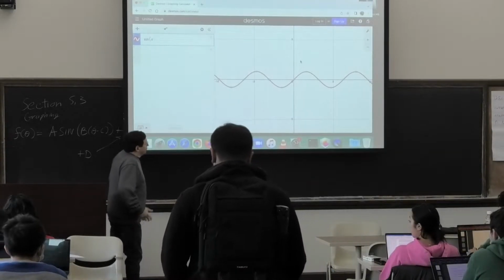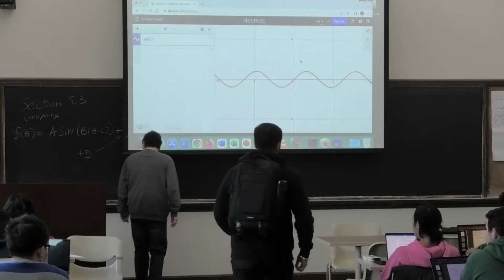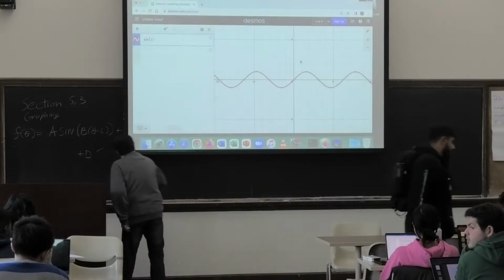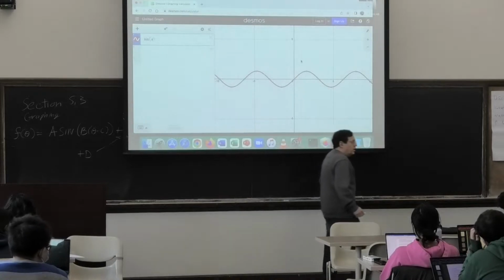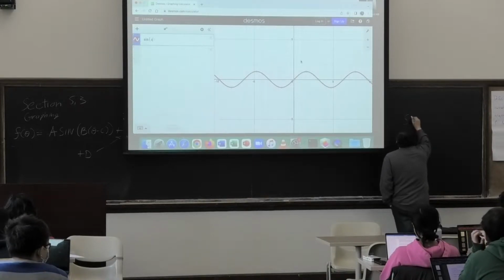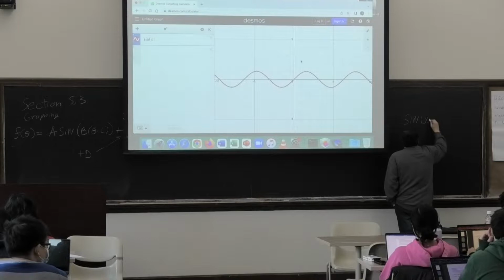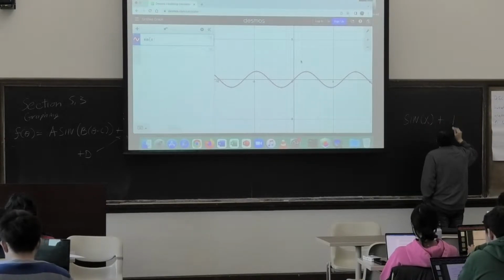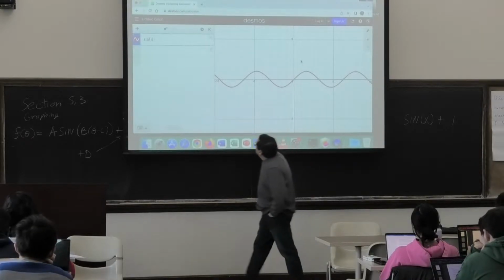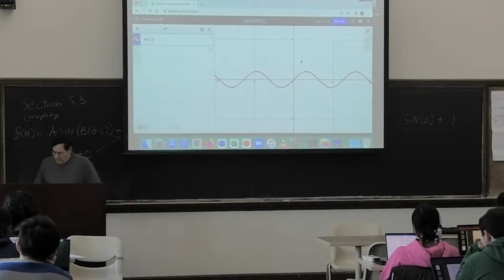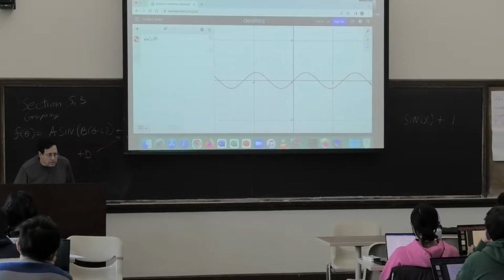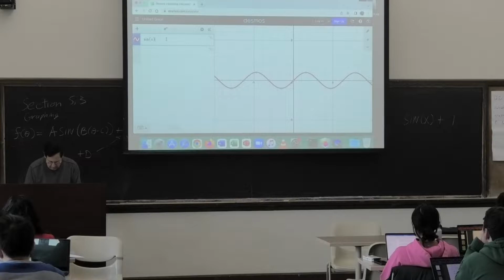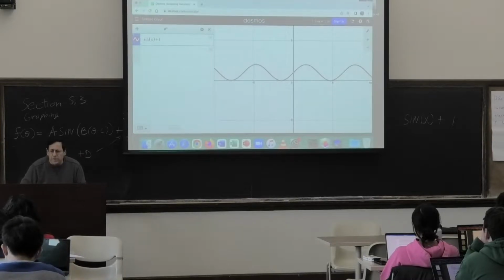So let's just take a look at something simple. What happens if we take sine of x, just going to use x because Desmos likes it, plus some value, we'll add 1 to it. The screen's weird.